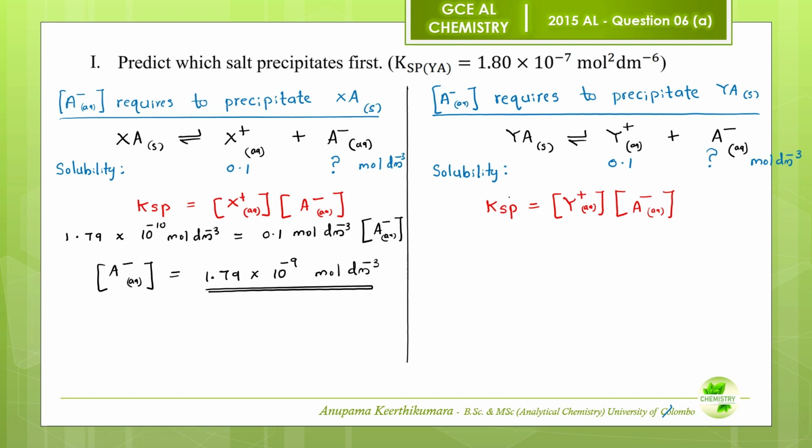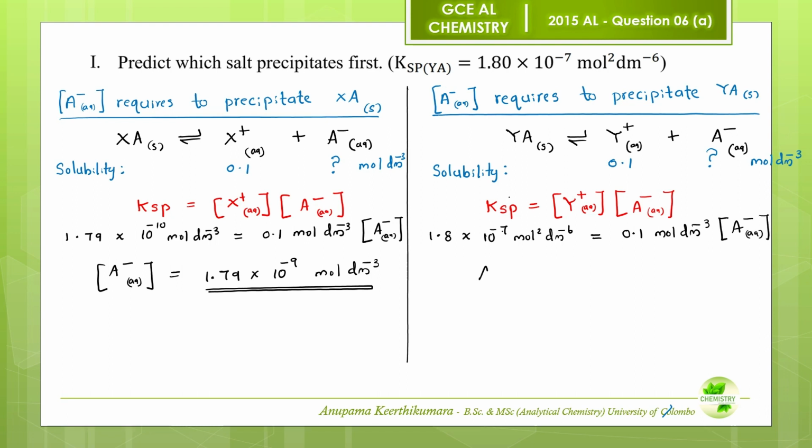Ksp of YA is given in the question: 1.8 times 10 to the negative 7th equals concentration of Y plus, 0.1 moles per cubic decimeter, times concentration of A minus ions.